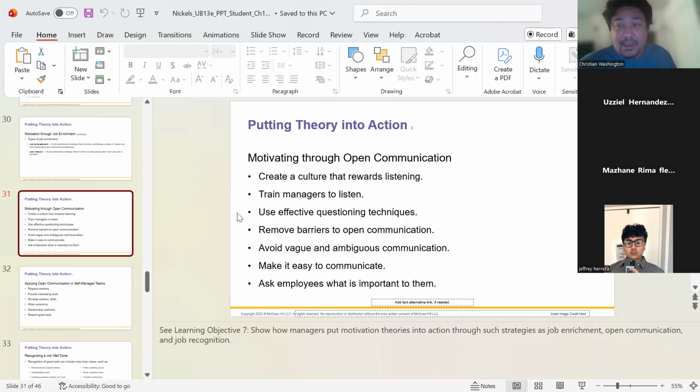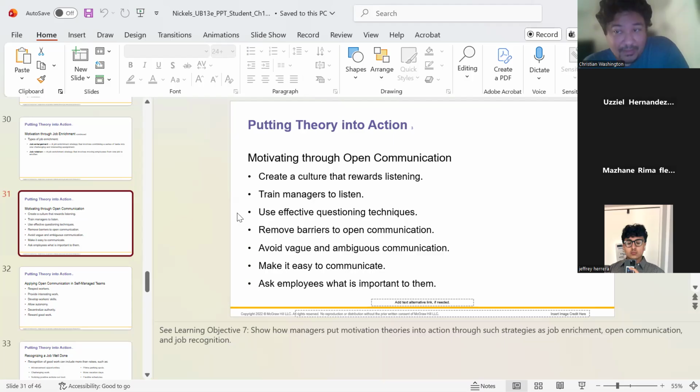And as you can see, also when it comes to putting these theories into action, communication is being seen as an effective motivator, but it's really just effective, period, in any type of organization, because you have to communicate. You're the one doing the job or experiencing the experience. Other people are a part of your journey. They're part of the workforce. They're a part of the job itself. You have to communicate what you're experiencing.